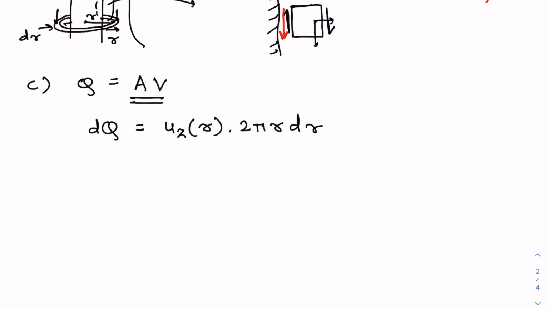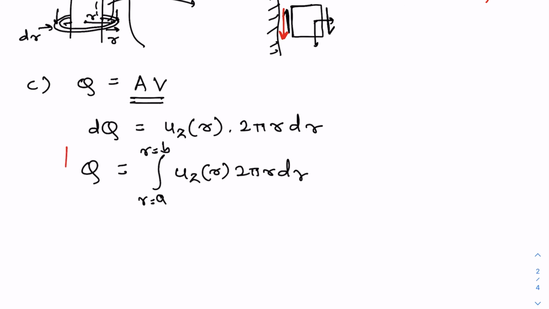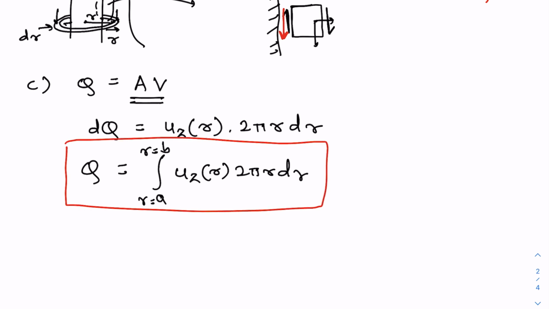Integrating both sides, Q is equal to the integral from r equal to a to r equal to b, that is from the rod surface to the free surface, of uz, which is a function of r, times 2 pi r dr. That's how you find the flow rate of the liquid.